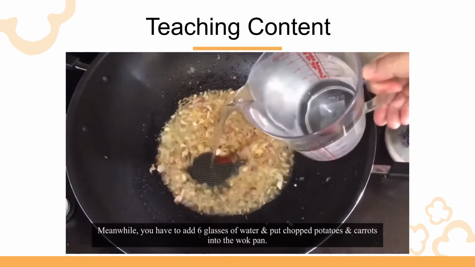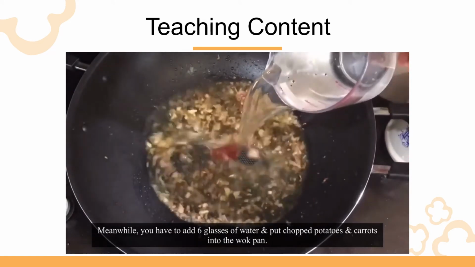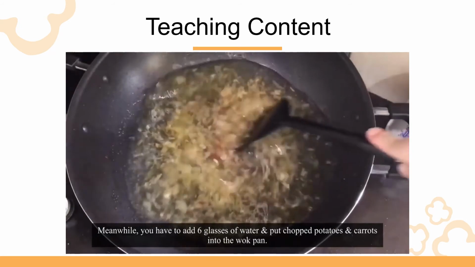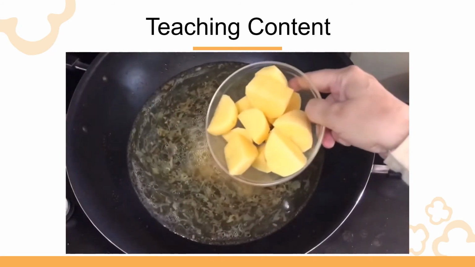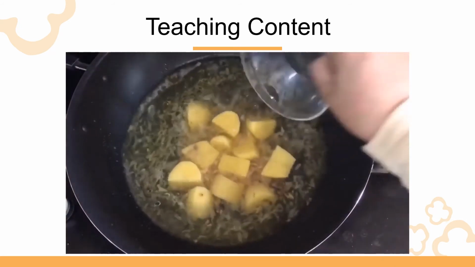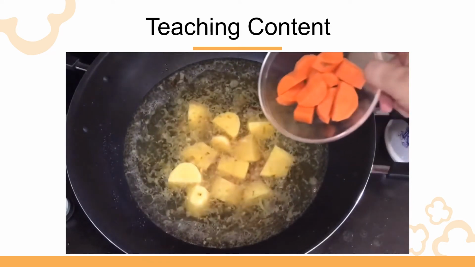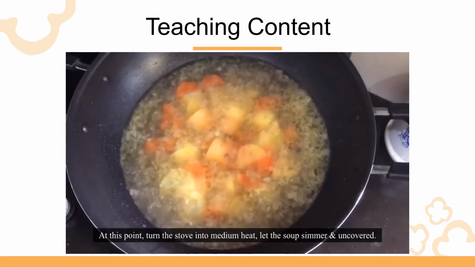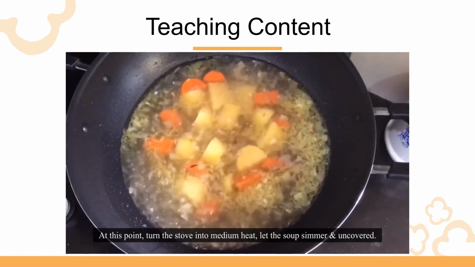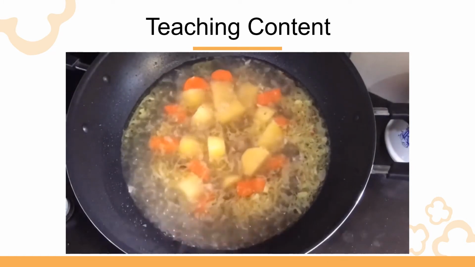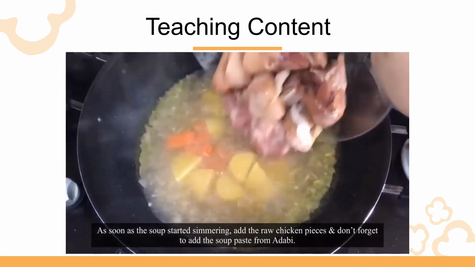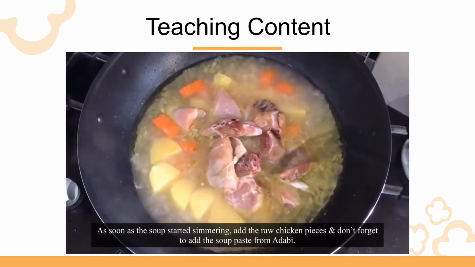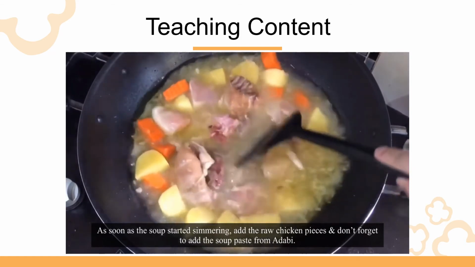Meanwhile, you have to add 6 glasses of water and put chopped potatoes and carrots into the wok pan. At this point, turn the stove to medium heat. Let the soup simmer uncovered. As soon as the soup starts simmering, add the raw chicken pieces and don't forget to add the soup paste from Adabi.